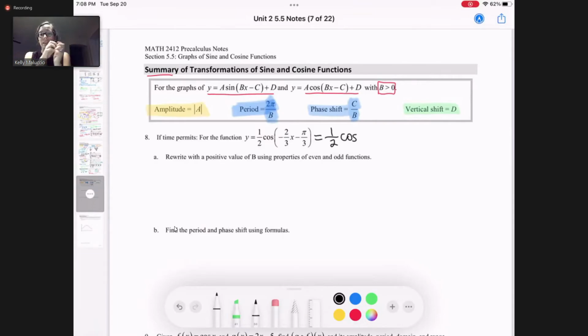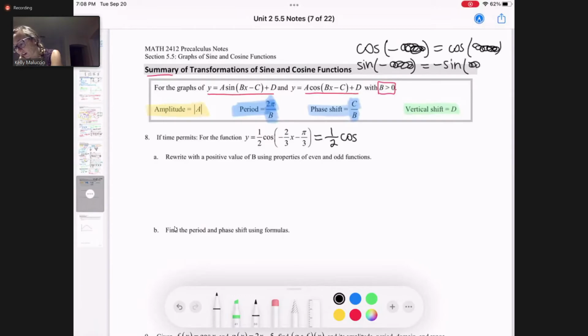Because then if it's cosine of a negative clump of something, I know this equals cosine of that same clump. And if it was sine, sine of negative clump is going to equal negative sine of clump.